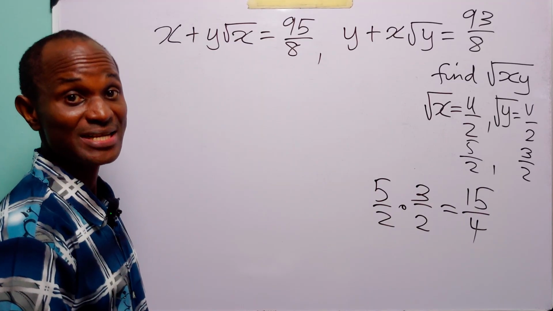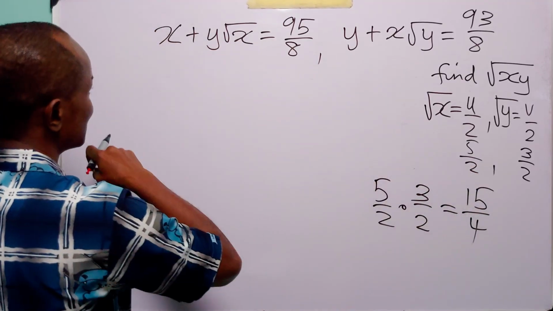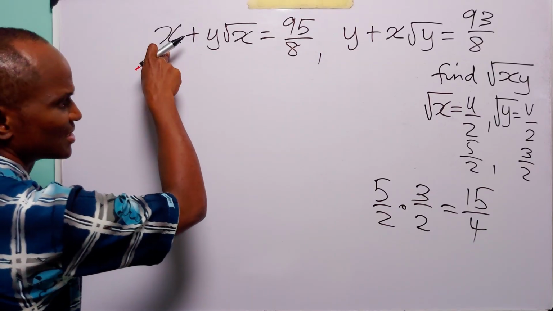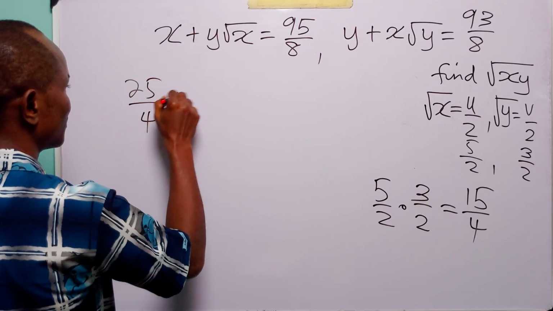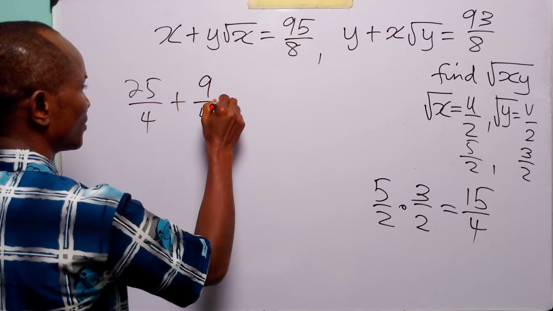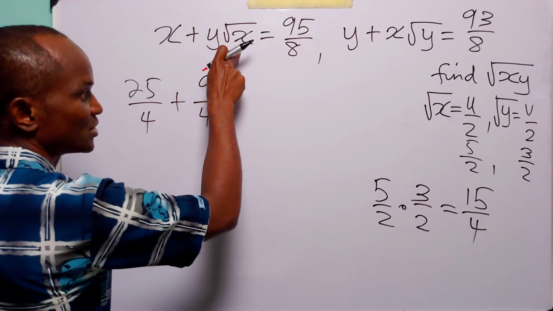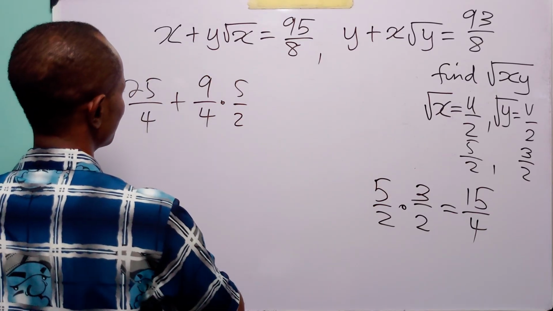And of course, it's very easy to check the results. When we substitute these values into the original equation, we have x, which is equal to 25 over 4, plus y, which is equal to 9 over 4, multiplied by root x, which is equal to 5 over 2.